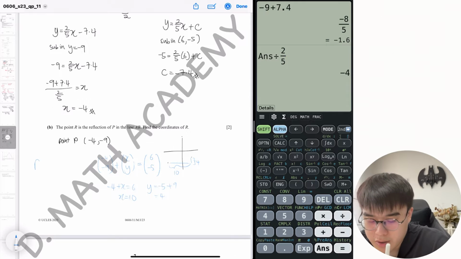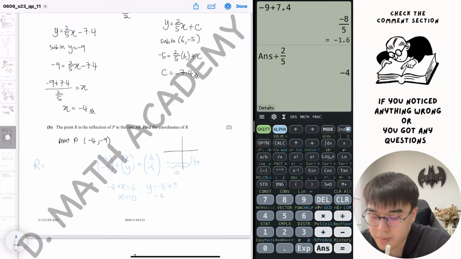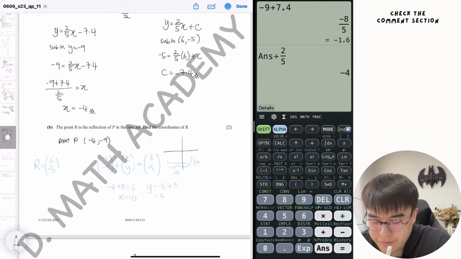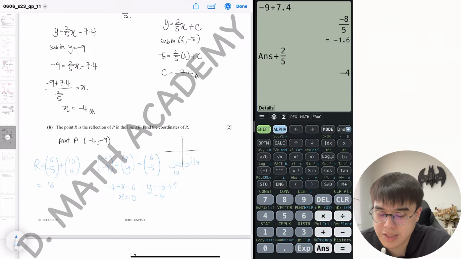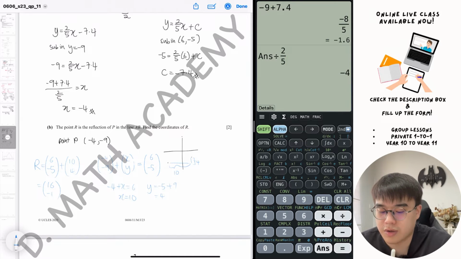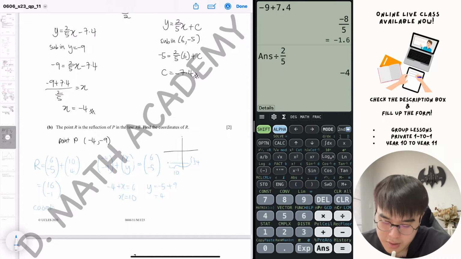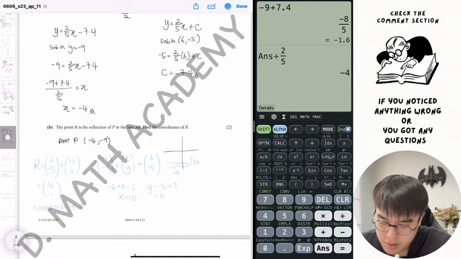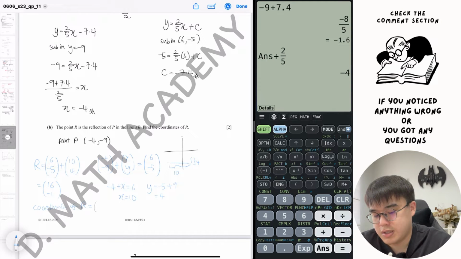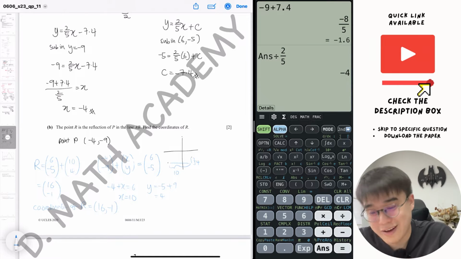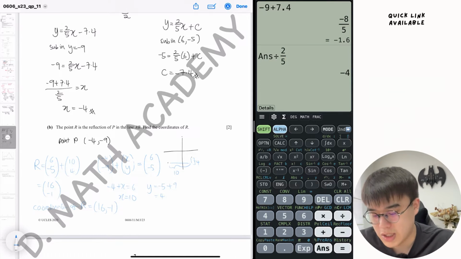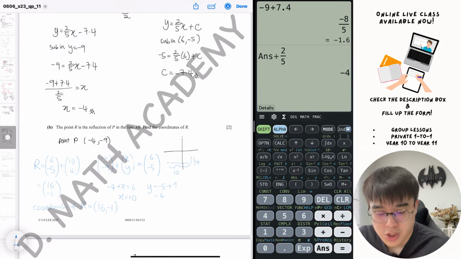So for R, it will be from the point (6, -5) going through the same translation again. After (10, 4), I should get 16 and -1, so the coordinates of R is actually (16, -1). This is my final answer here for the 2 extra marks.